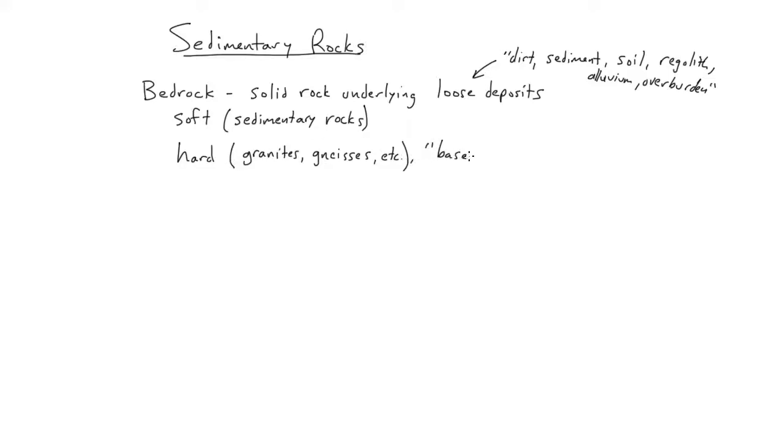So oftentimes, if this is the surface of the Earth, there's a tree, there's some dirt, and then under that there may be something that has never really been buried that deeply, but it's a rock nevertheless.